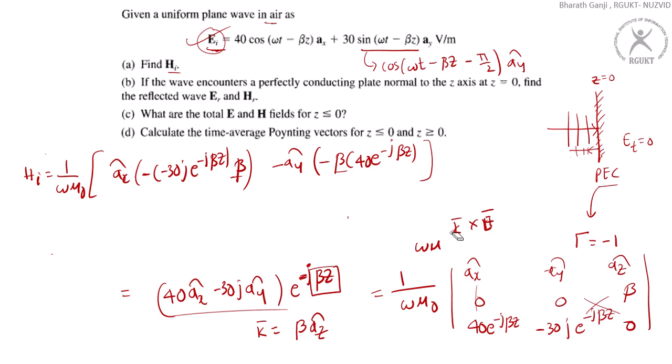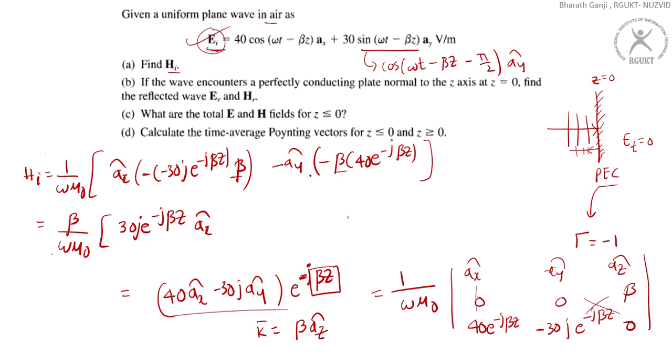So if I bring beta out, this becomes beta by omega mu naught times, I can see there is 30, minus of minus becomes positive, so 30 times e power minus j beta z into j, there is a plus j here, times ax cap.